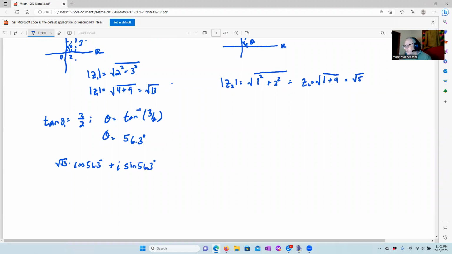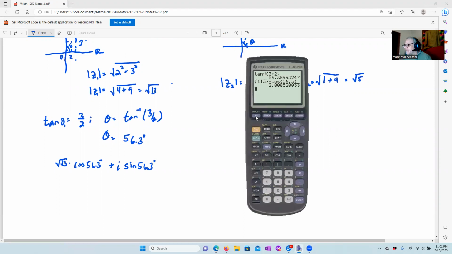And if I double check that, right, oops, I don't want any of this. Okay, so it's second function, the square root of 13, and parentheses, times sine of 56.3 degrees.